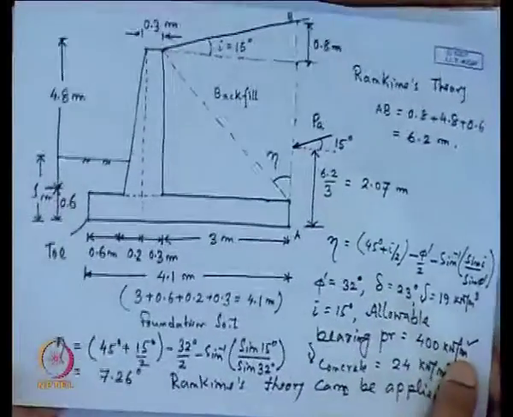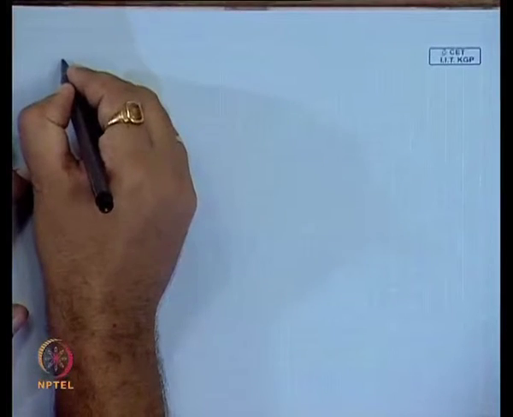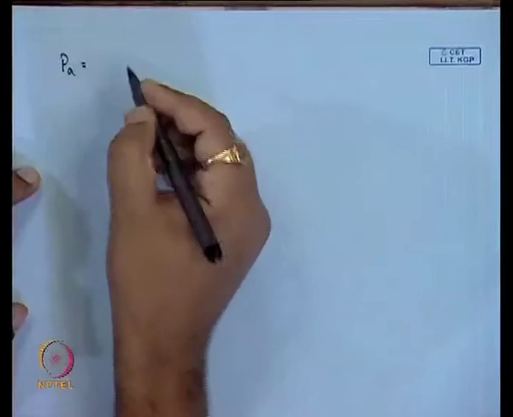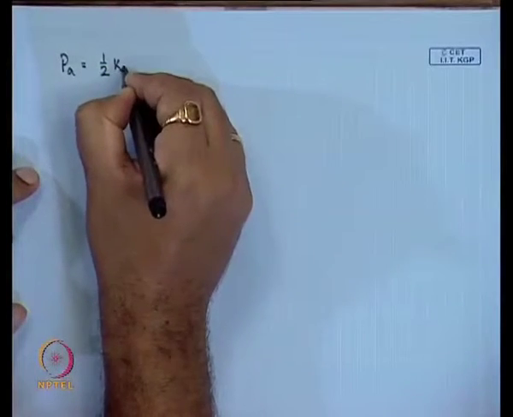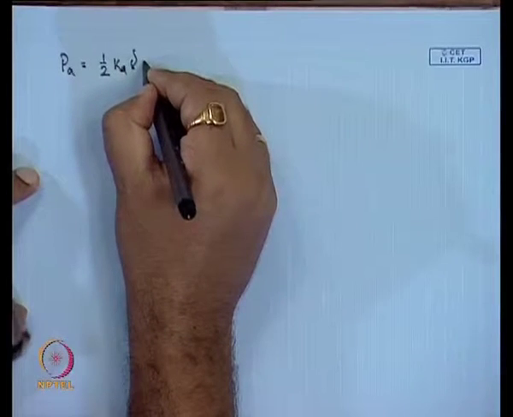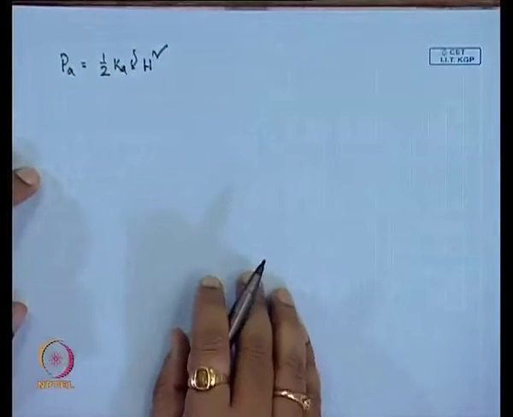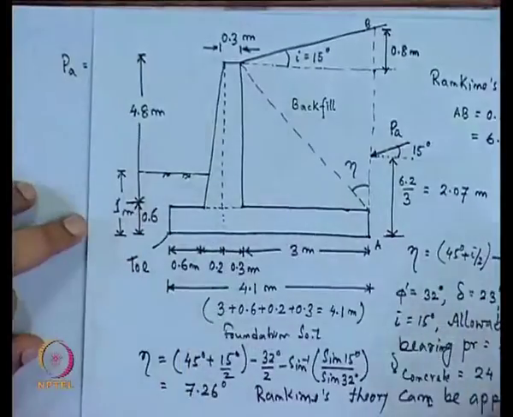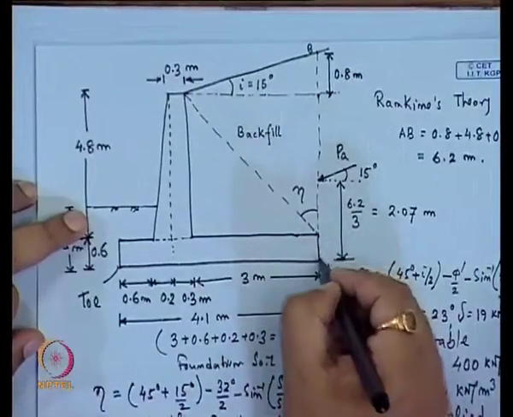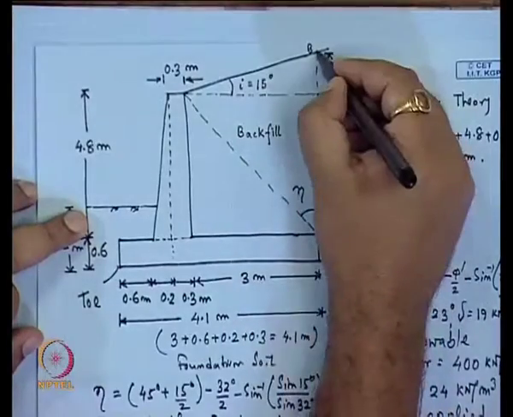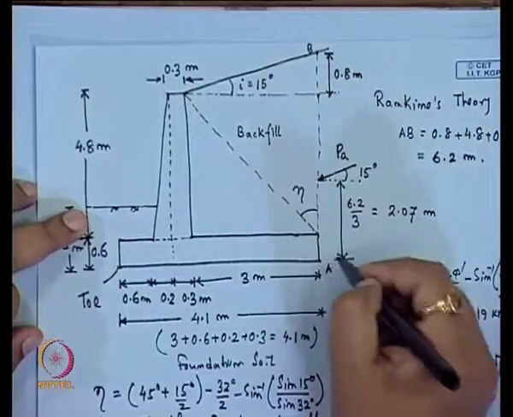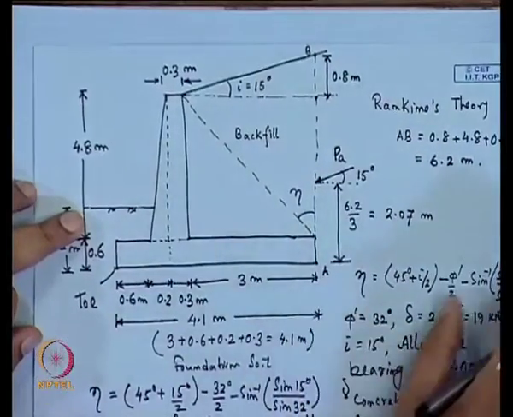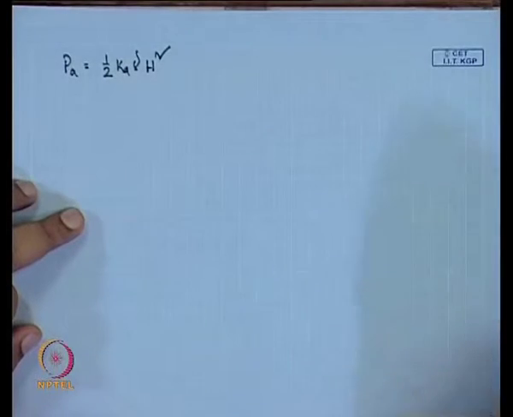Now, first we will calculate the active earth pressure that will act on this retaining wall. First we will calculate this P A, that is equal to half into K A into gamma of soil into H square. Now, H, as I mentioned, we are taking as the total vertical distance from A to B, the total height, and that A B is 6.2 meter.